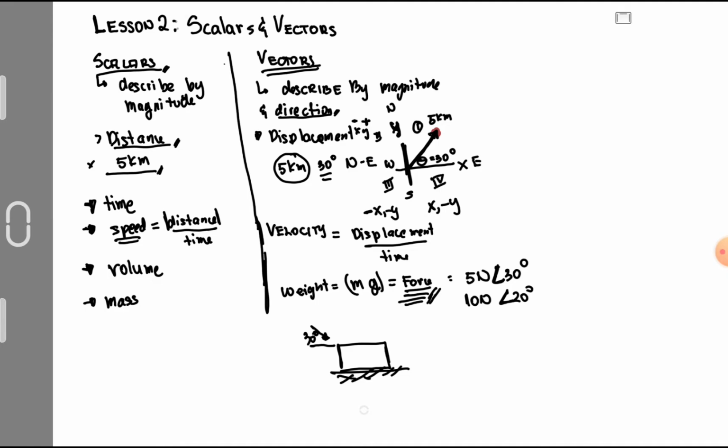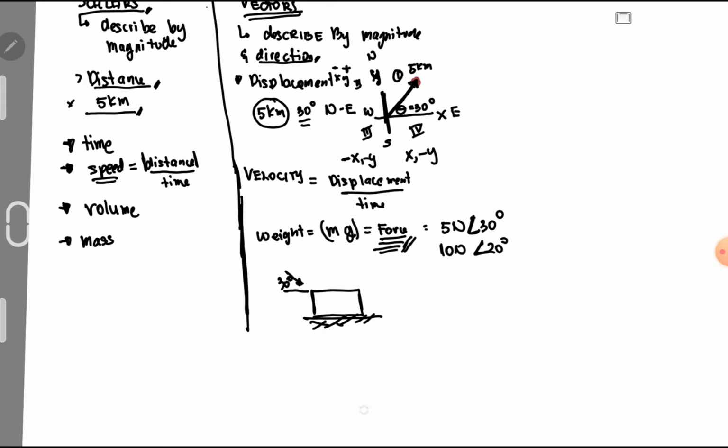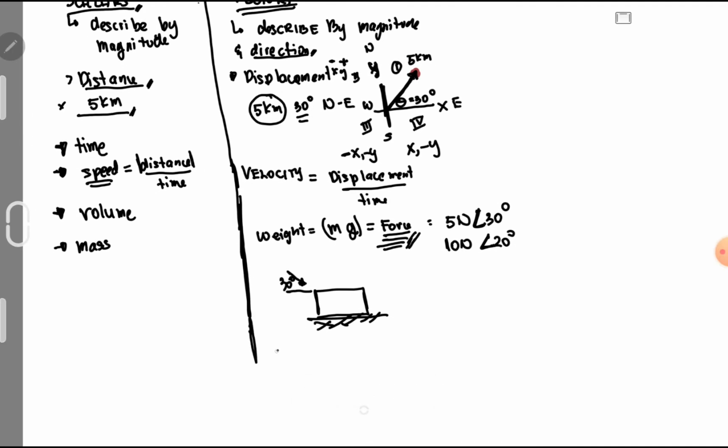So these are examples of your scalar and vector quantities. Another example of vector quantities are your electric field and magnetic field. Why are the electric field and magnetic field vector quantities? If you have experimented on fluxes, you can see that it would indicate direction, depending on where you put the compass.